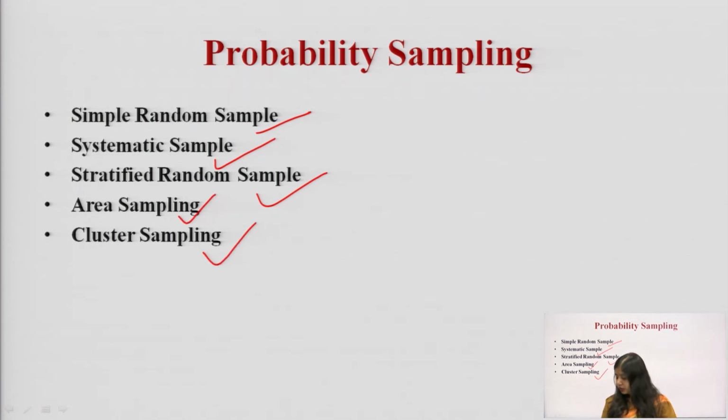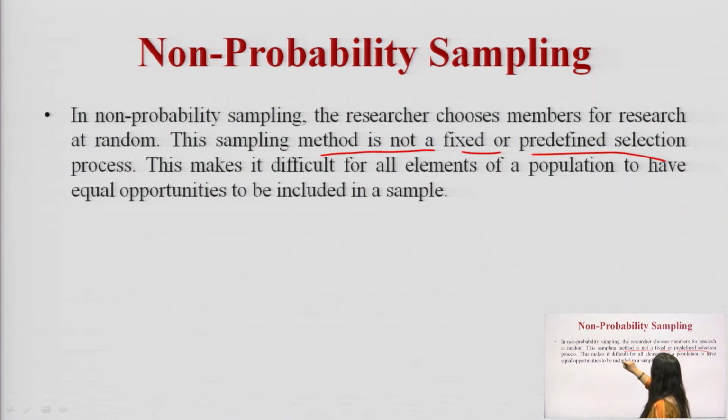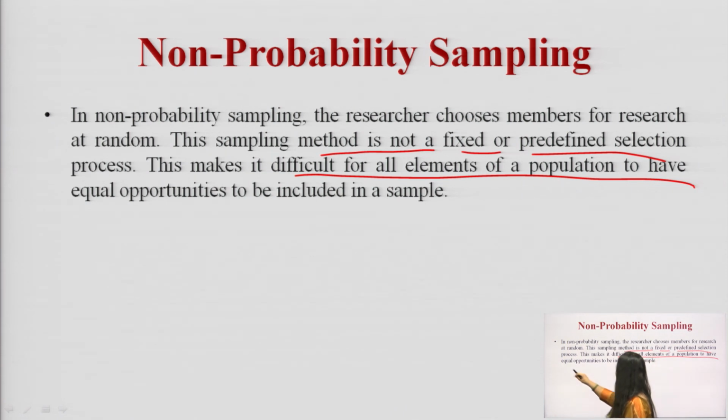Now we see what non-probability sampling is. In non-probability sampling, the researcher chooses the members for the research at random, and the sampling method is not fixed or a predefined selection. This makes it difficult for all elements of the population to have an equal opportunity to be included in the sample.